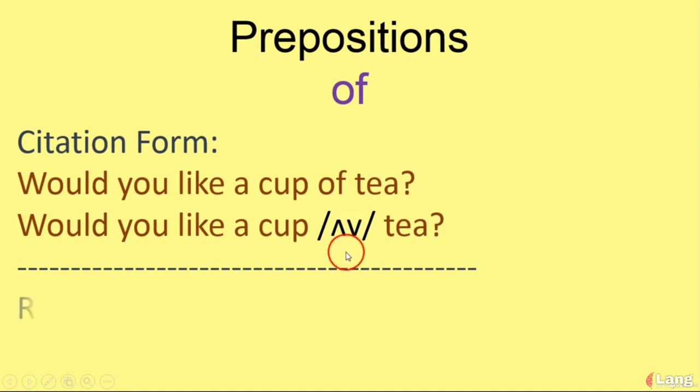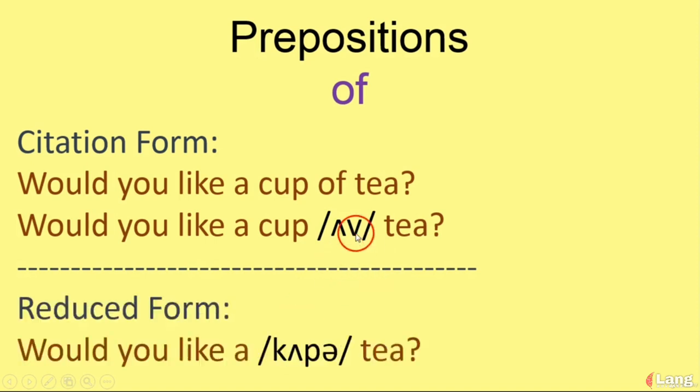However, in reduced form, we often leave off the sound of the V, and we just use the schwa. And this, combined with the word cup, we have cuppa. And altogether, would you like a cup of tea?